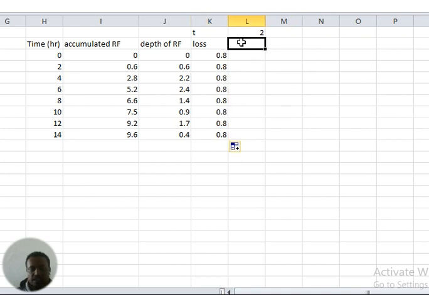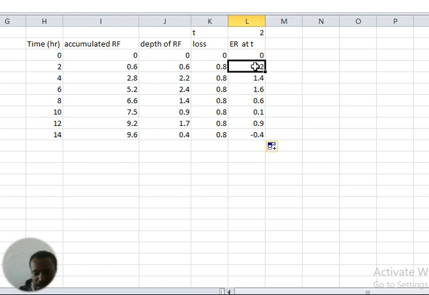After determining the loss, you can get the amount of rainfall that contributes to the runoff, or effective rainfall. So effective rainfall in centimeter at time t: the first one is already 0 for time 0, then its value is equal to this value minus the loss, and then drag it.